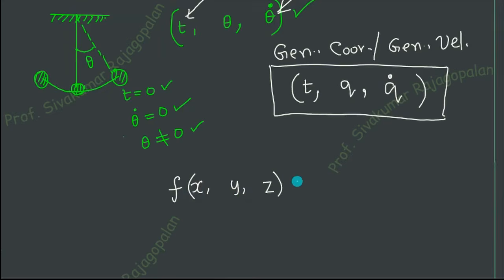Now tell me an example of a function of three variables. I can easily tell, okay, xy plus something like yz square plus xyz. Anything you can write. Now that function which I have written is an example of a function of three variables. So any function can be written down which can be a function of three variables, mathematically speaking.